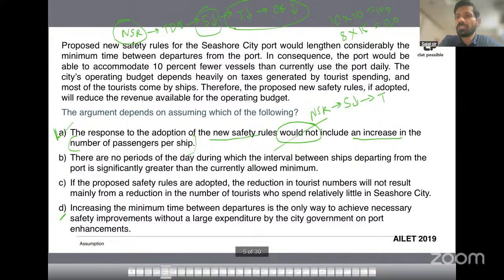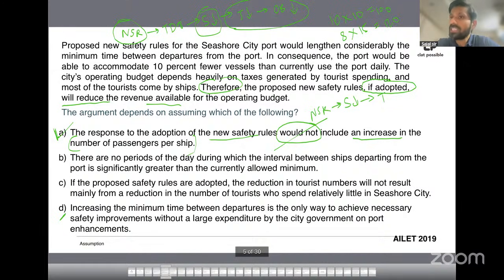The conclusion is the proposed new safety rules, if adopted, will reduce the revenue available. Just look at this part. If the new safety rules are adopted, then it will reduce the revenue available for the operating budget. If it is not adopted, then it won't.